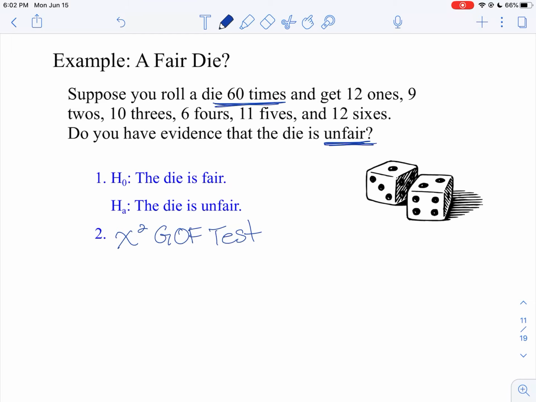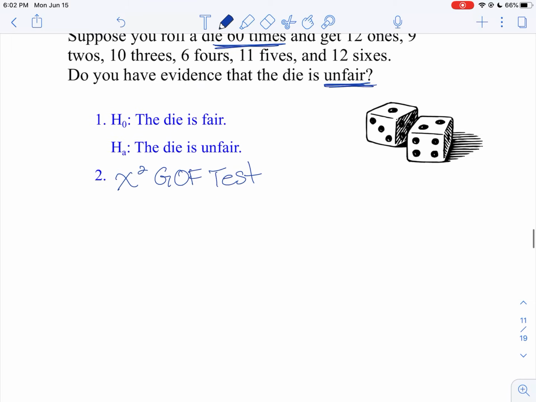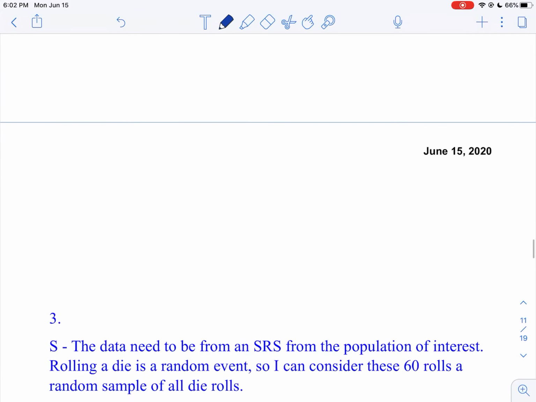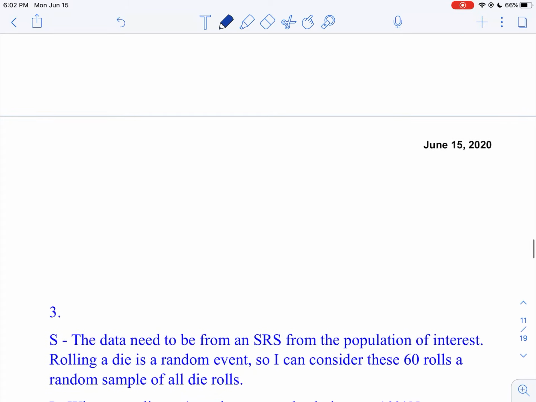And then we have to check that. Because rolling a die in and of itself is a random event, I can consider those 60 rolls a random sample of all die rolls. So I said for the S, the data need to be from an SRS from the population of interest, and since rolling a die is a random event, I can consider these 60 rolls a random sample of all die rolls.